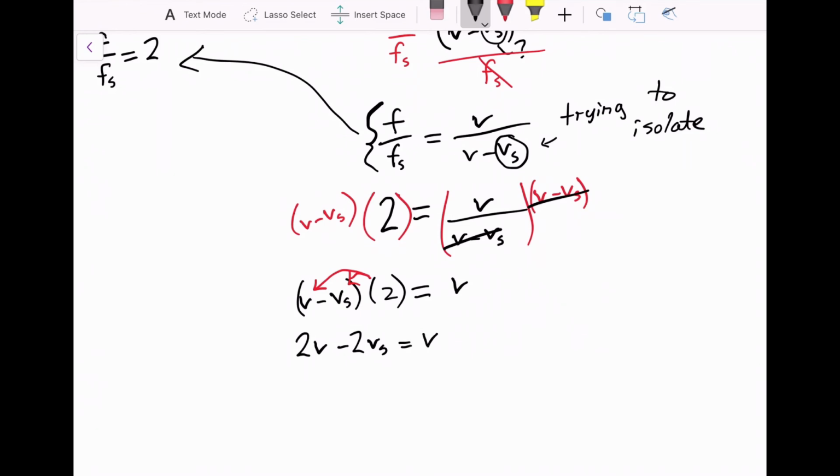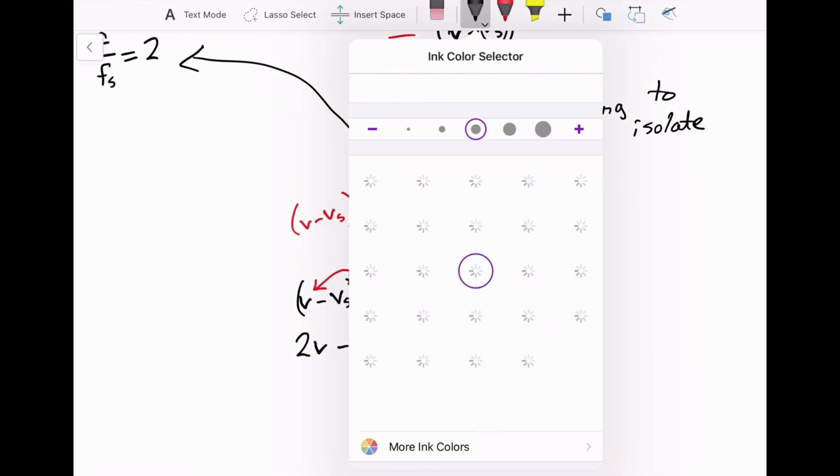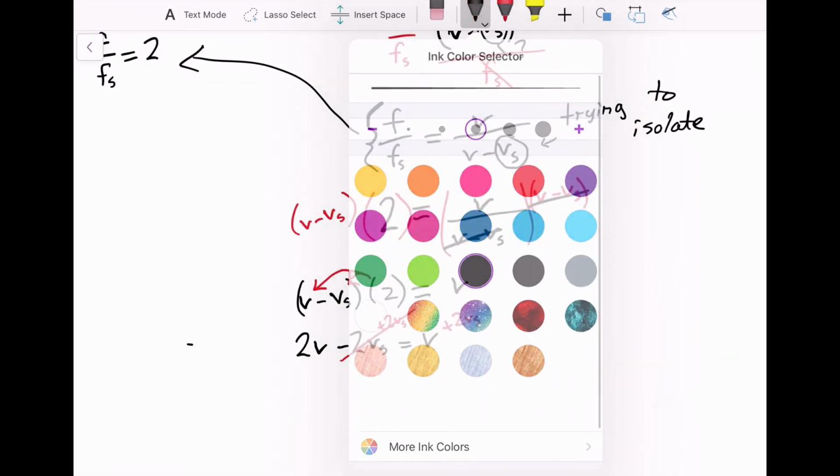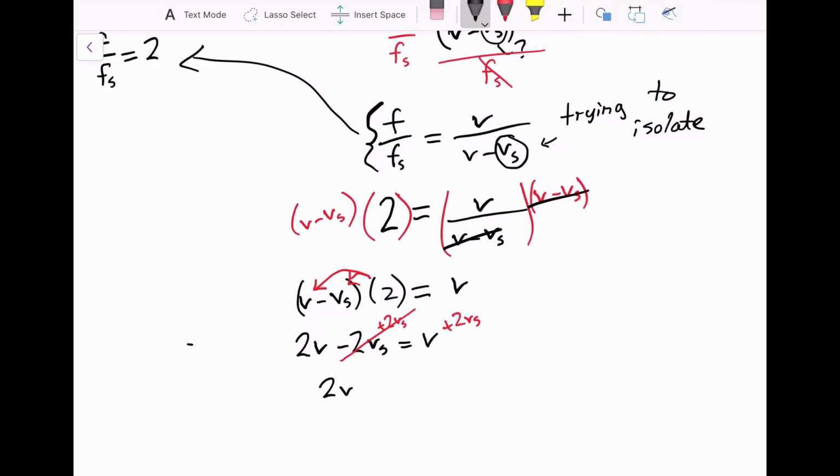We're getting close now. Couple other things we can do. We can add 2Vs on both sides. It's going to cancel out. So 2V is equal to V plus 2Vs.